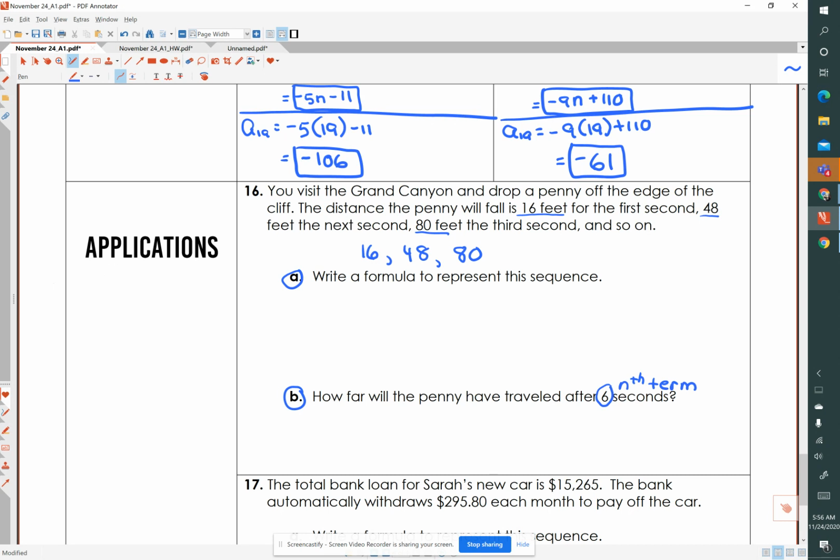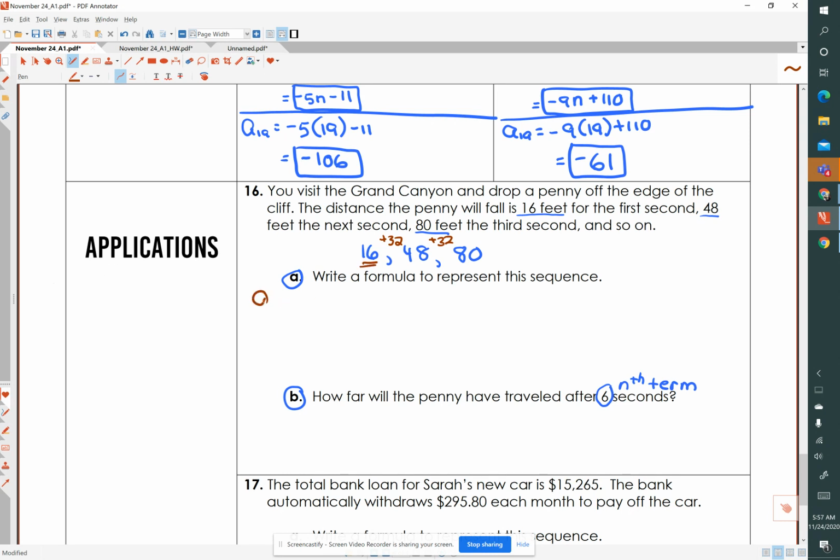So first thing we need to figure out is the common difference. This thing is accelerating. So from 16 to 48 is an addition of 32. From 48 to 80 is an addition of 32. So we have a first term of 16.